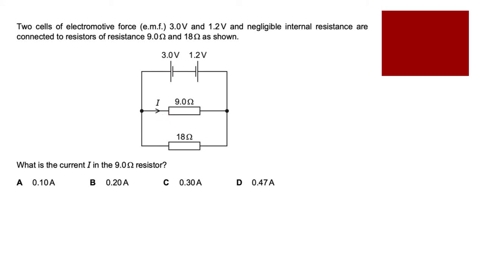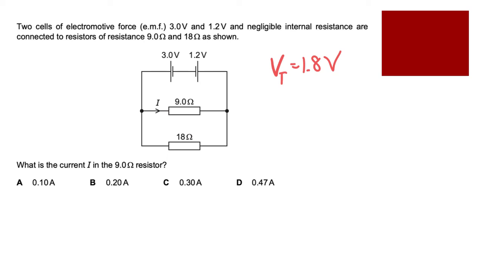First, take a really close look at these two sources. Notice that this one is long then short, and this one is short then long. It means that they are connected in opposite directions. I still get a net result of 1.8, so my total potential difference will be 1.8.